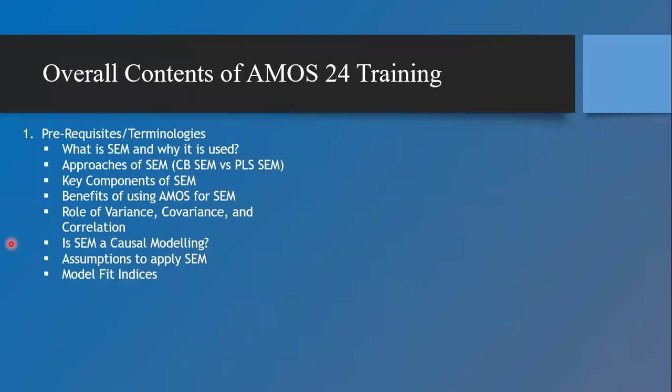Then there are some model fit indices required in AMOS 24. I will let you know what those model fit indices are and what criteria we apply when we want to decide whether our model is statistically fit or not.